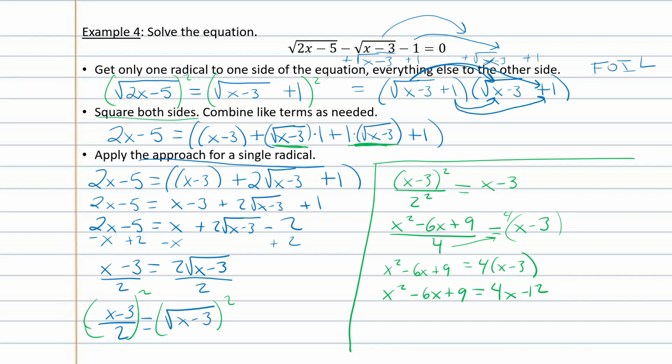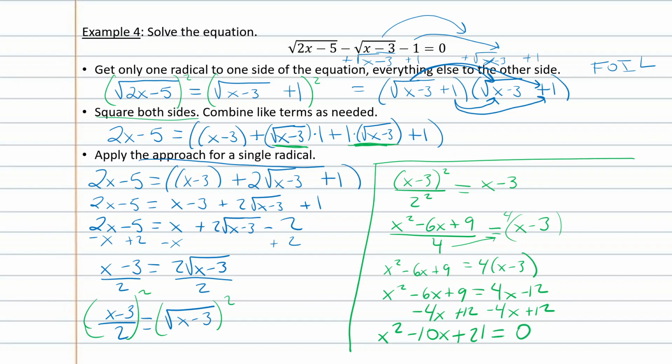Now I need to get all of my terms to one single side. So I'm going to subtract the 4x over and I'm going to add the 12. So it gives me x squared minus 10x, and then 9 plus 12 gives me a 21, equals 0.